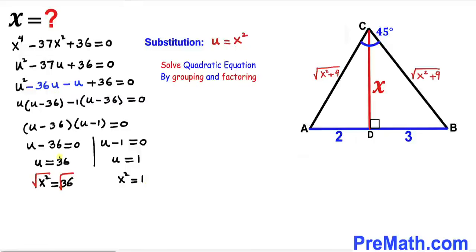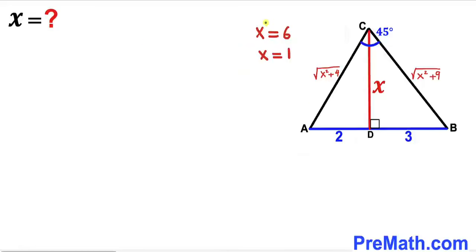So therefore our x value is going to be positive 6. And likewise I'm going to take the square root on this side as well, on both sides. So therefore our x value is going to be positive 1. So thus we ended up with these two values of x equal to positive 6 and x equal to positive 1. And now we are going to see which value of x is going to work for us.